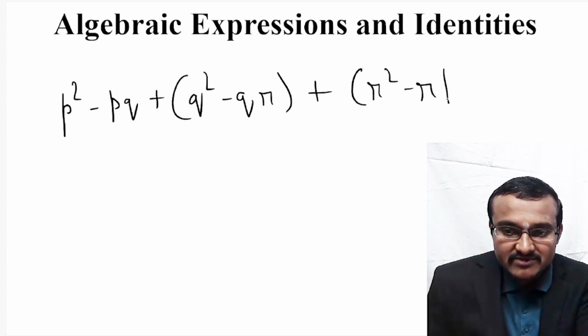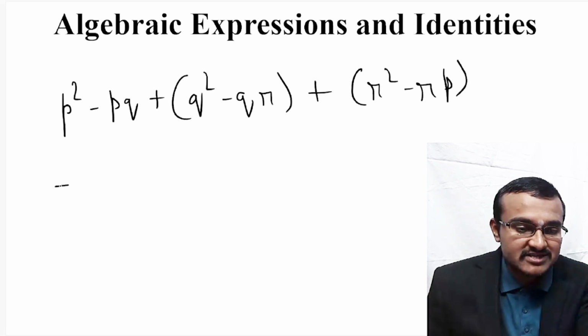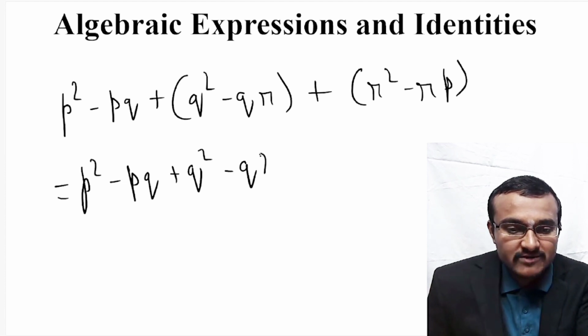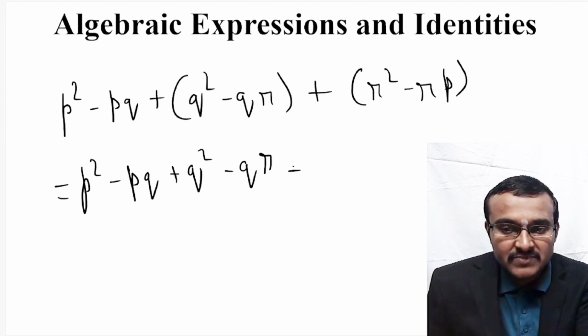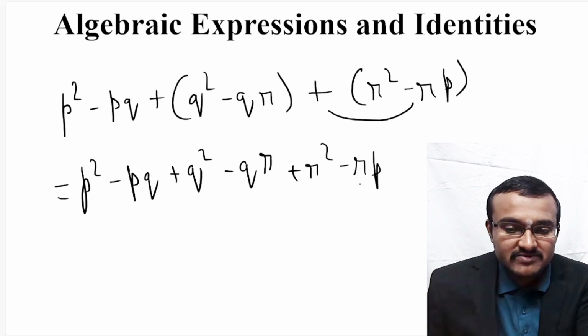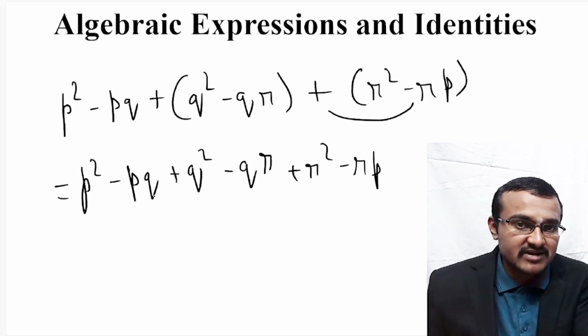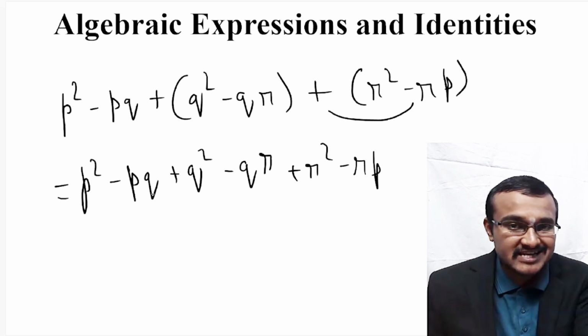So when you perform addition of these algebraic expressions, you should remove these brackets. So p square minus pq plus q square minus qr, plus r square minus rp, because plus into minus will be minus. Now you just see whether there are two like terms with the same variables.